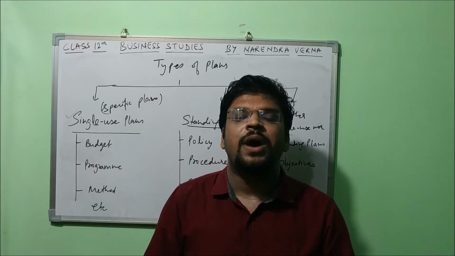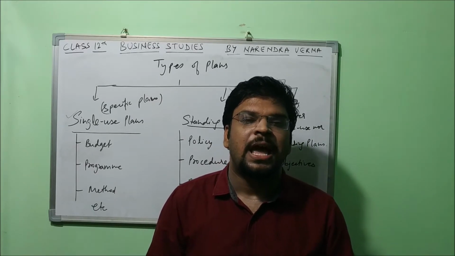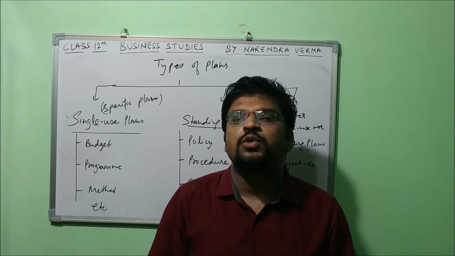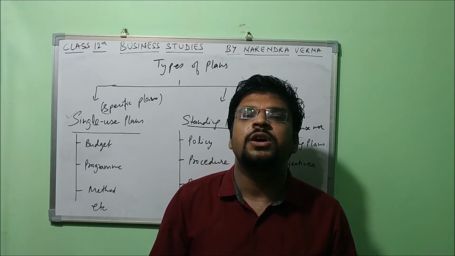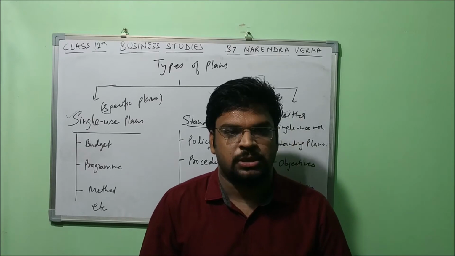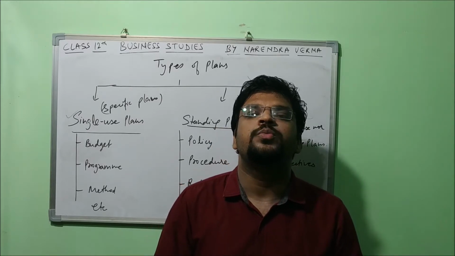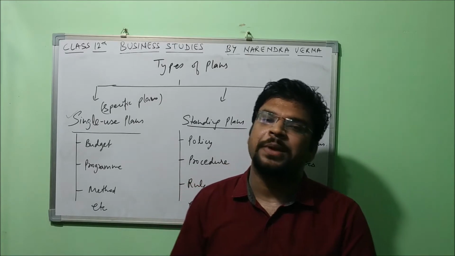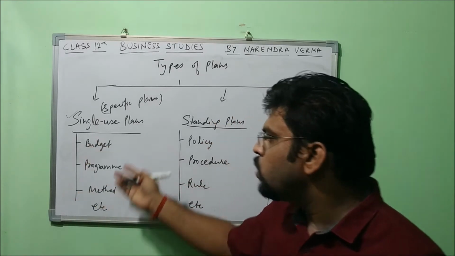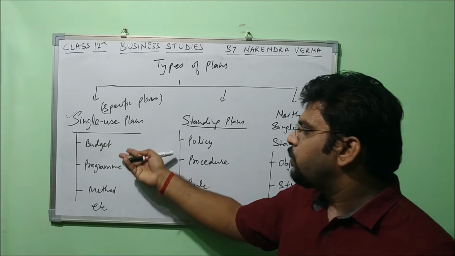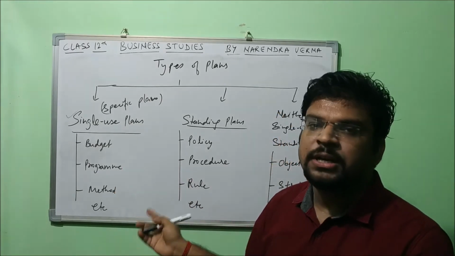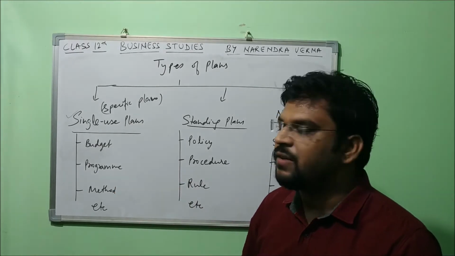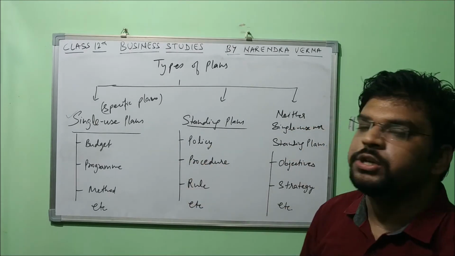So that is why these are less stable and these have narrow scope, because these can be worked only for those particular purposes. For other purposes, these cannot be utilized. Understood? So this is all about single use plans and the examples are before you. We'll be studying budget, program and method. We'll be studying these three in detail after I finish the explanation on these.